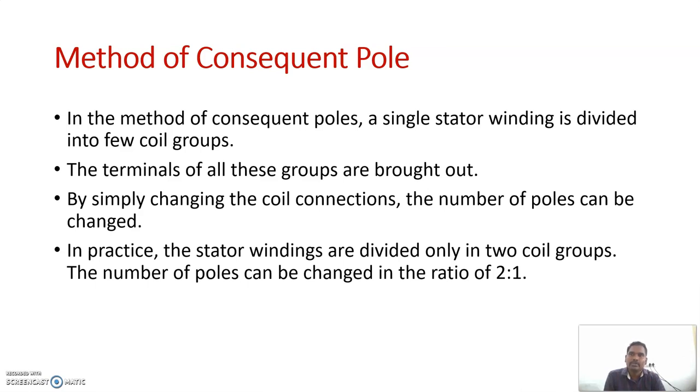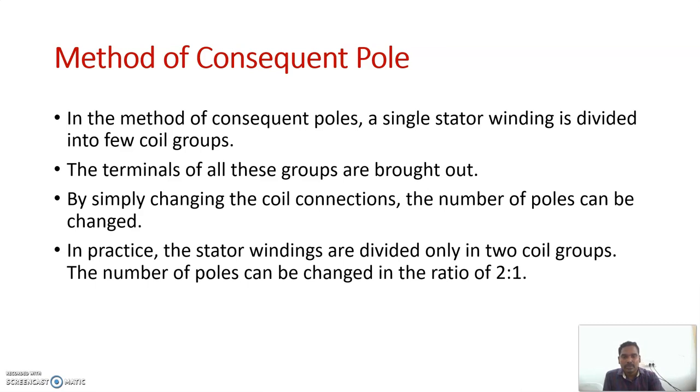Otherwise, we can go to series and parallel operation of the machine. We divide the coil into different groups, so some of the windings are in series and some are in parallel. These series and parallel combinations give the changes in the speed of the machine.